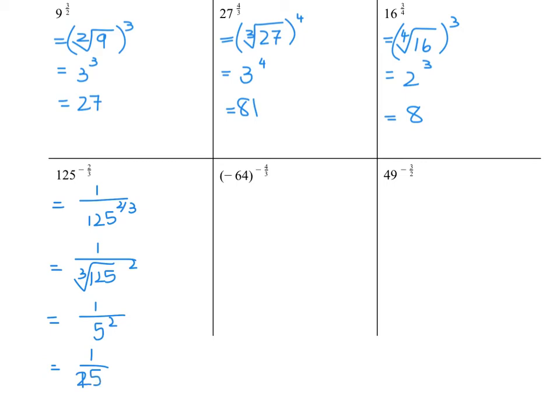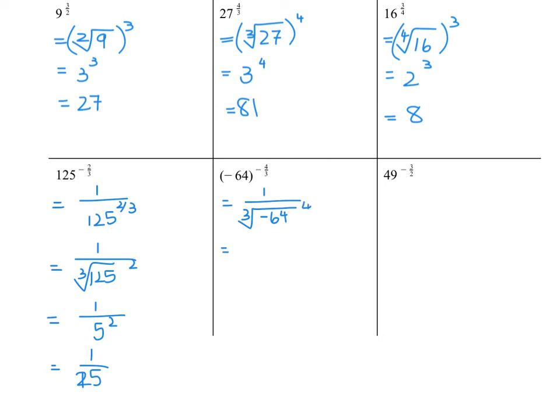Now for the next one, I have a negative exponent again, so I'm going to take the reciprocal. Now I'm going to just write the radical in right away. My denominator is 3, so I'm going to take the cube root of negative 64, and it's okay for me to take an odd root of a negative number. That's possible. If it was an even root and the base was negative, that would be no good, no solution.